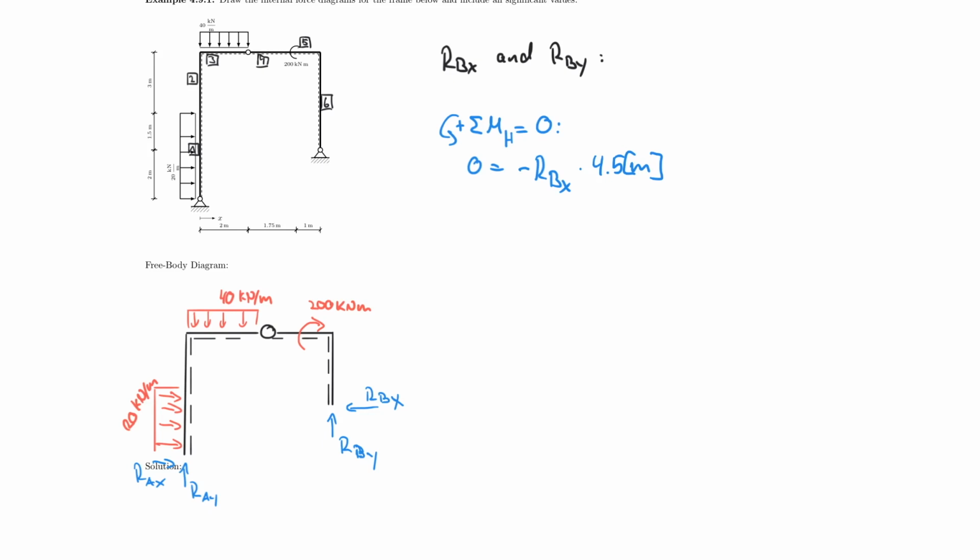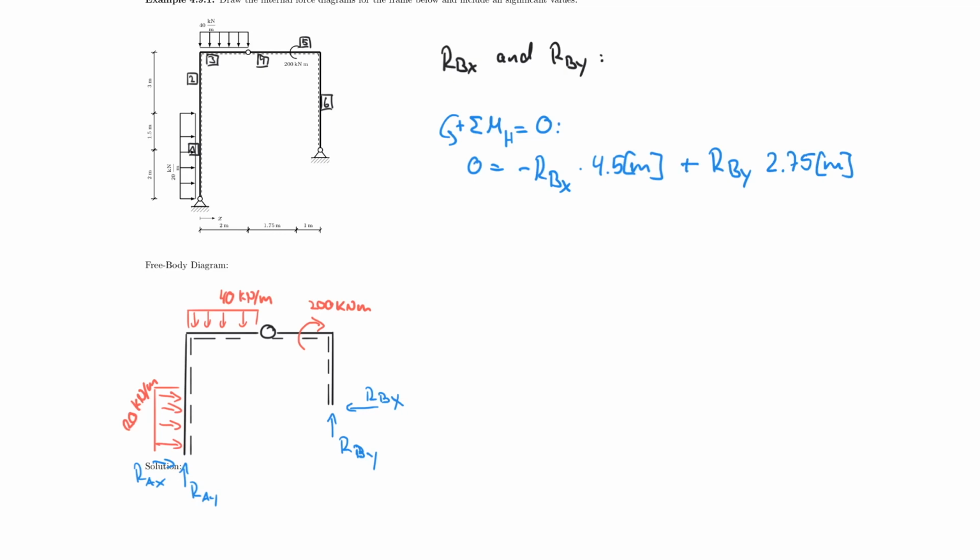And now I'm going to deal with RBY. And RBY is really acting here upwards. So it has a lever arm of this distance, which happens to be 2.75, so times 2.75 meters. And that is turning counterclockwise this time, so this is positive.